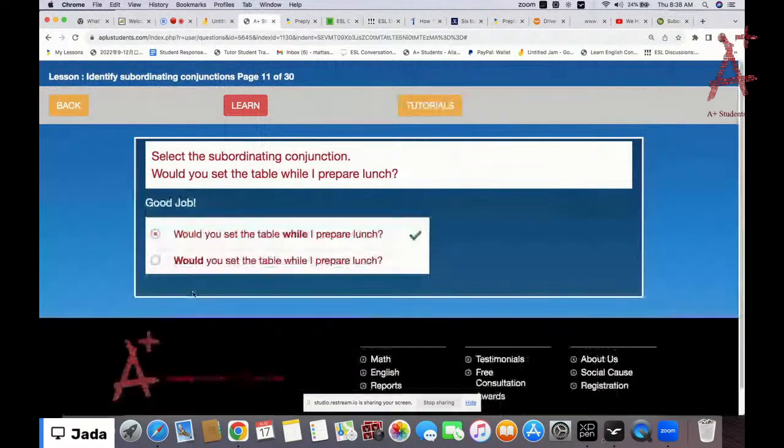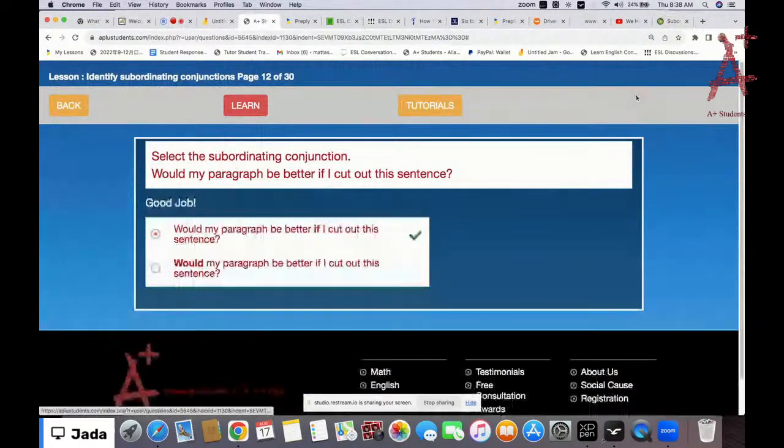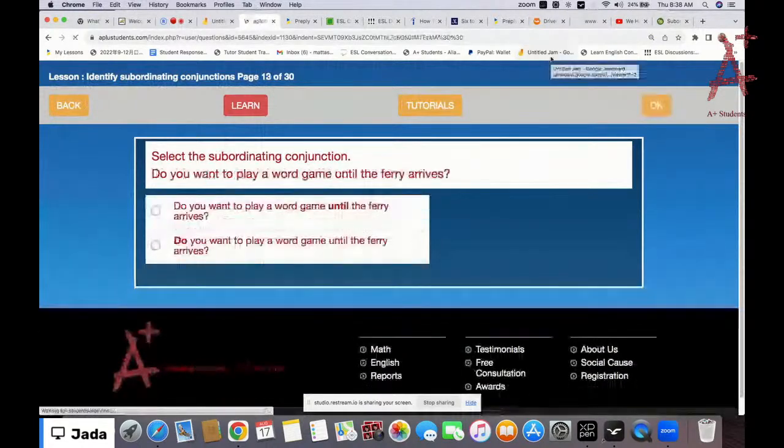Would my paragraph be better if I cut out this sentence? So, if. All right, I'm just going to let you guys finish the remaining test. It's so simple, nothing so difficult. If you have any questions, you can message me, but if there are no questions, then we'll end. Okay, no questions, right?